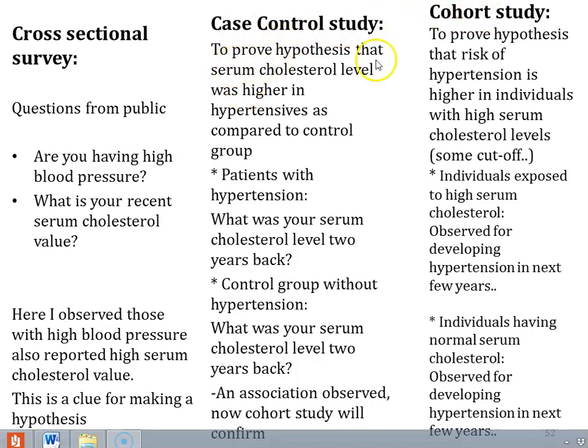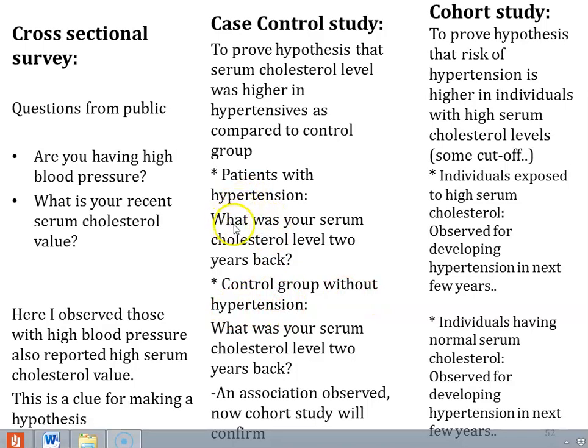So here I start with my hypothesis. For case control study, it will be the hypothesis of proving that serum cholesterol level was higher in hypertensive as compared to control group. So I will take patients with hypertension and I will take a control group without hypertension.